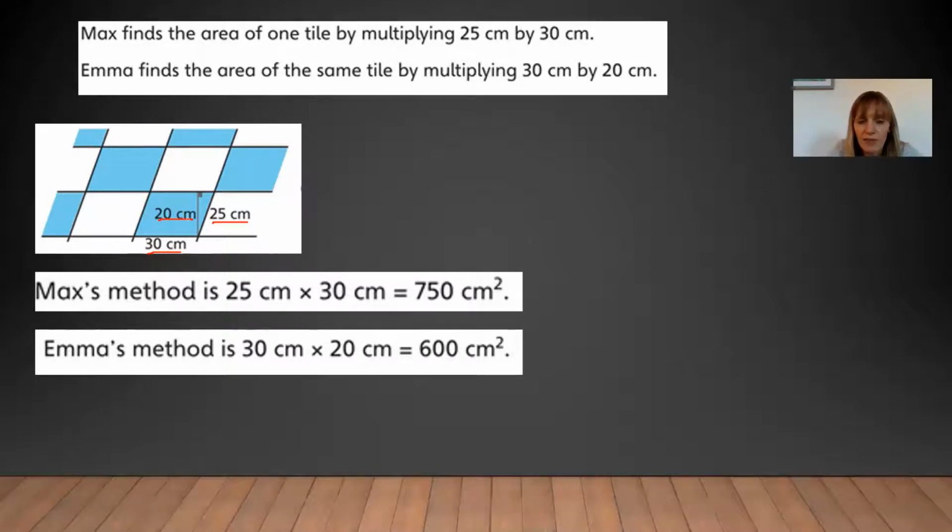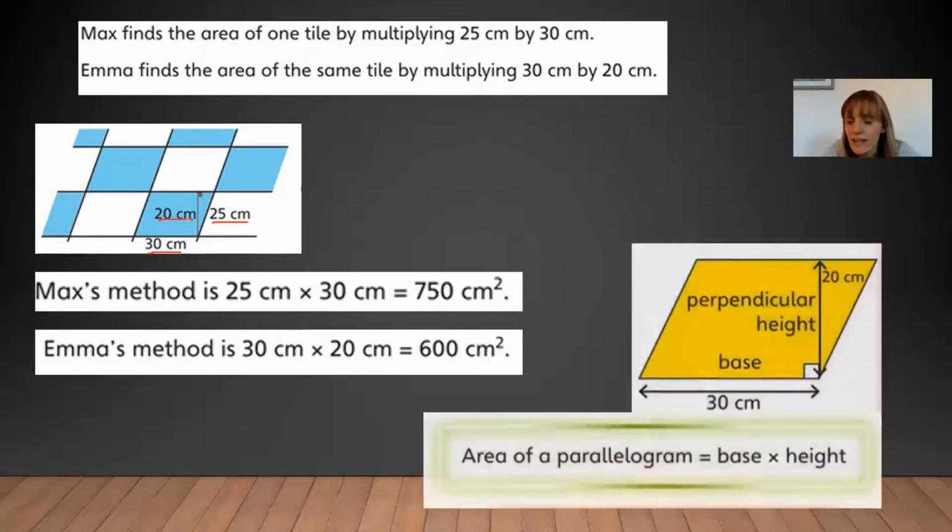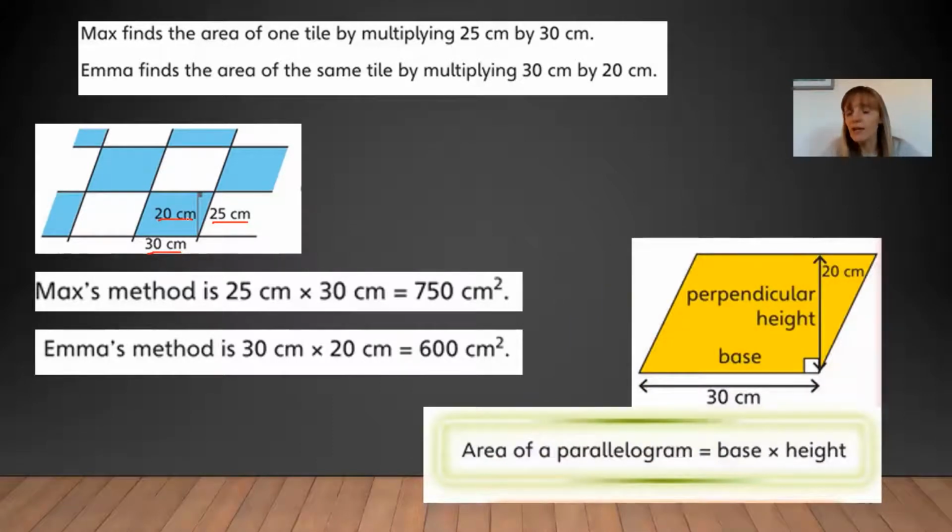Now, Max's method, where he's done 25 times 30, is that he's treated it like a rectangle and just multiplied the width by the length. Now, because this is wonky, it doesn't work. So in order to find the area, if you're not doing the bit like the previous slide where we were moving part of it to create a rectangle, you can use this, where we think an area of a parallelogram is the base times by the height, and the height is, like I said earlier, the perpendicular height.